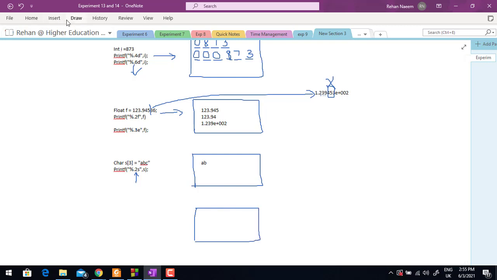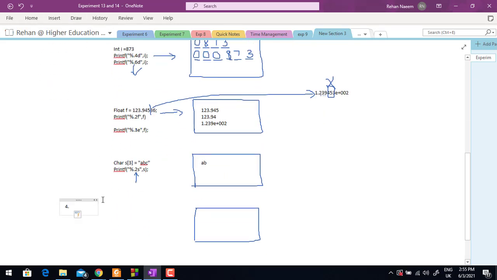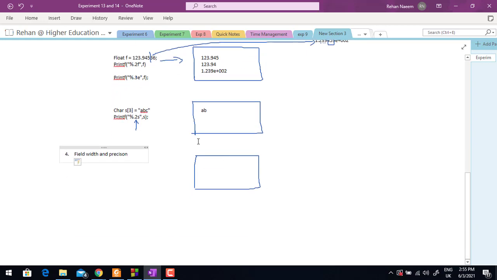Okay, the next concept is to use field width and precision together. Field width and precision together.